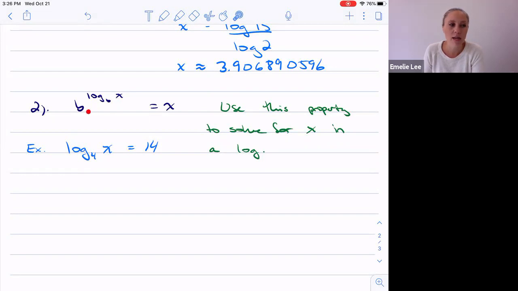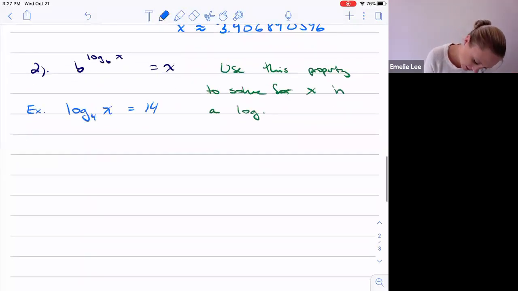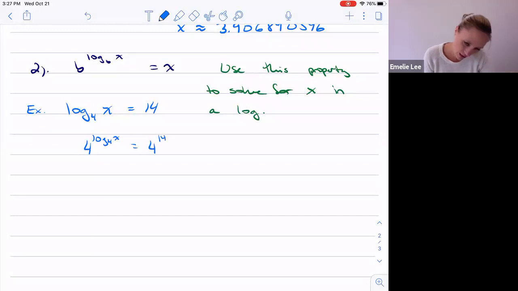If I raise both sides to the power 4, with a base of 4, so not to the power of 4, but it's typically how I say it, even though it's incorrect, then I get 4 to the power of log base 4 of x is 4 to the power of 14. As long as you're doing the same thing to both sides, they're still equivalent, so we're still allowed to do that.